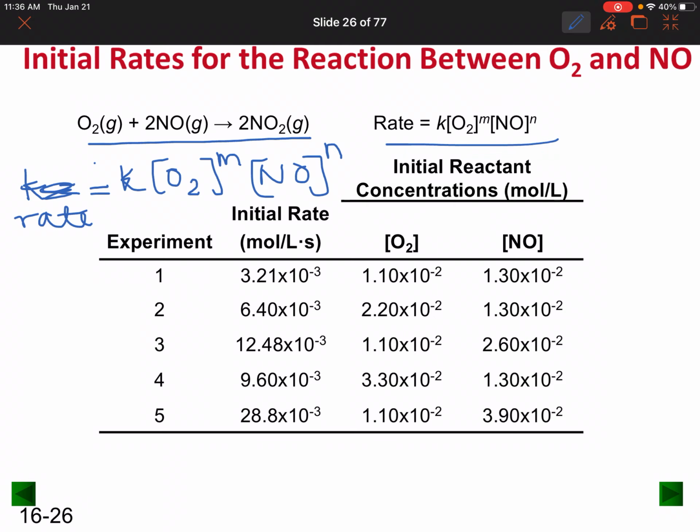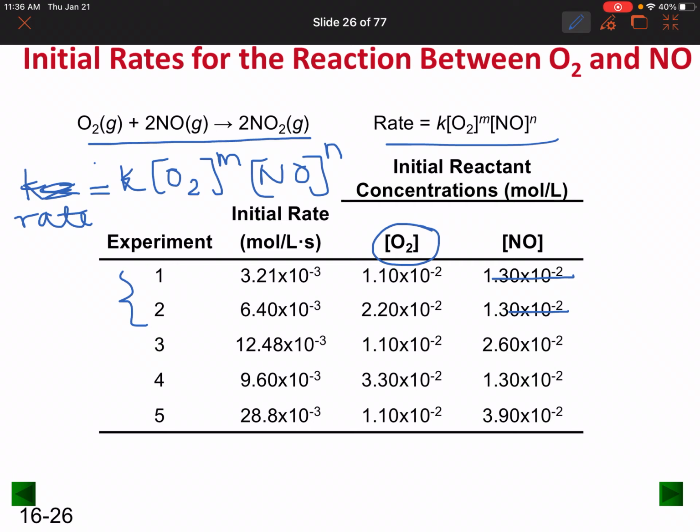Now tell me, what can we find out if we use experiments 1 and 2? Which order? Is it the order with respect to nitrogen monoxide or oxygen? From 1 and 2, we keep NO constant, so we can find out the order with respect to oxygen. And which two can we use to find the order with respect to nitrogen monoxide?